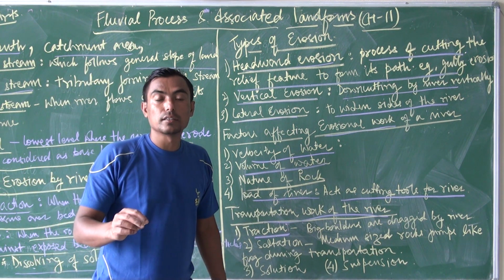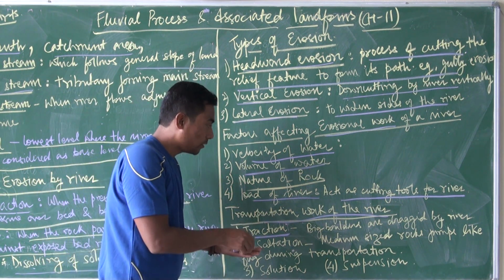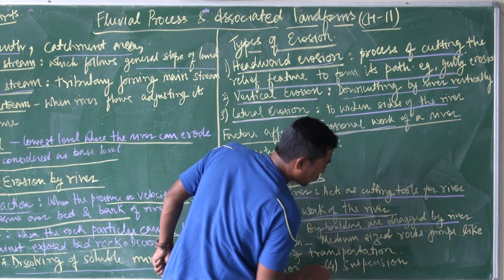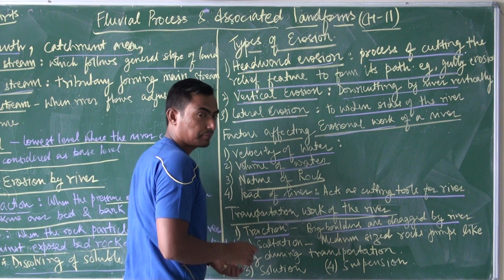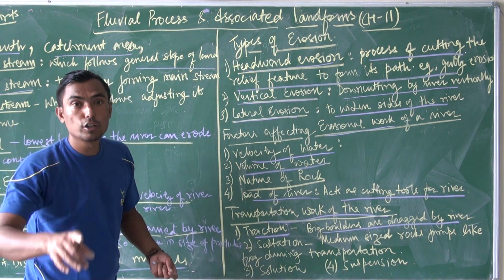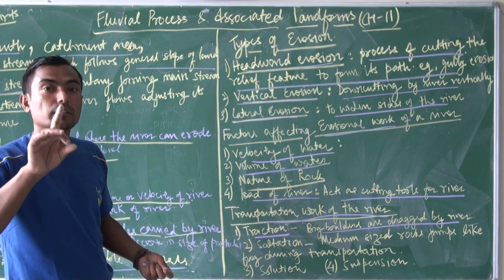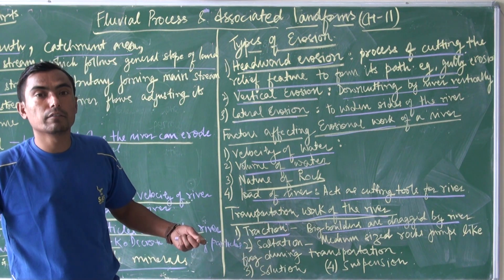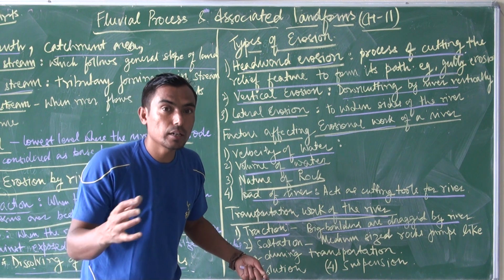Traction means dragging down: the velocity of the river drags down the bigger rocks from the higher elevation towards the lower elevation.